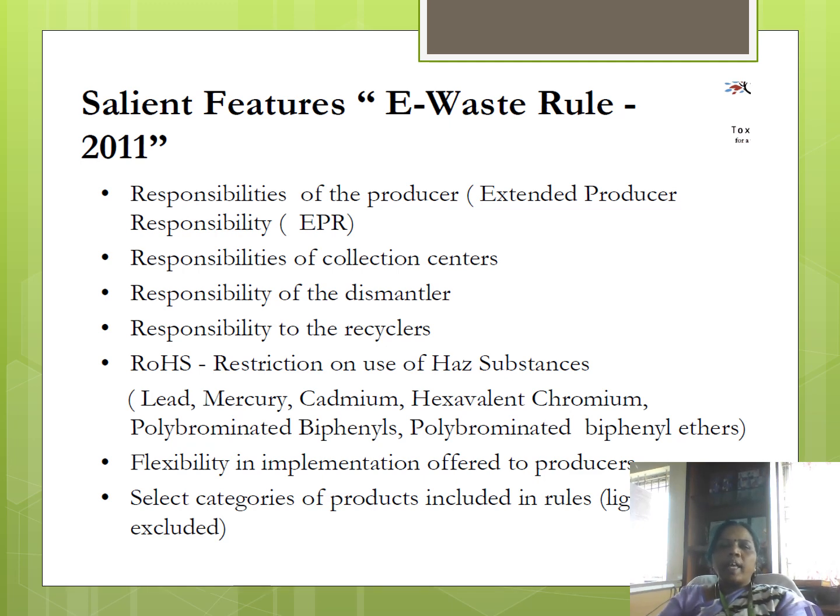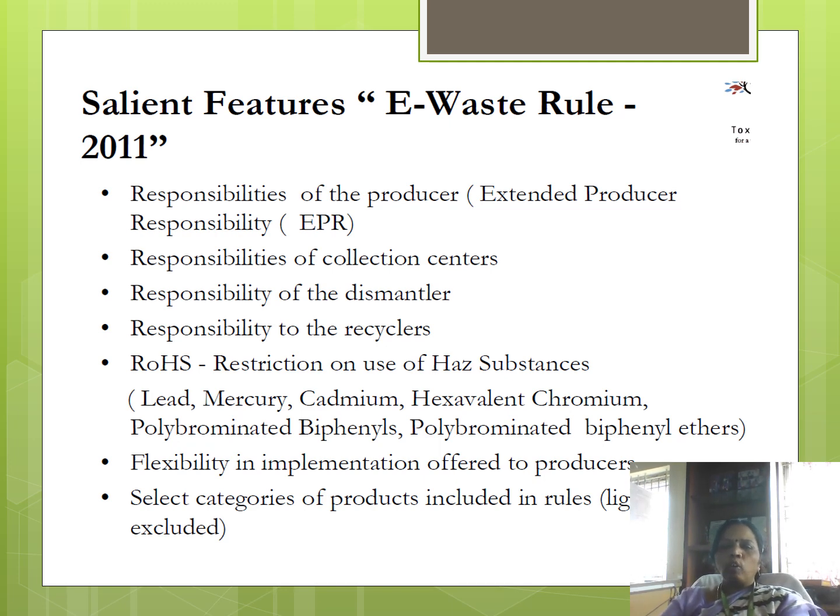Now let us see the salient features of the E-waste Rules 2011. Any producer should take responsibility for the waste generated by its industry, so that comes under the category of responsibility of the producer. Then we have the responsibility of the collection center; there are certain responsibilities vested on the collection centers also.